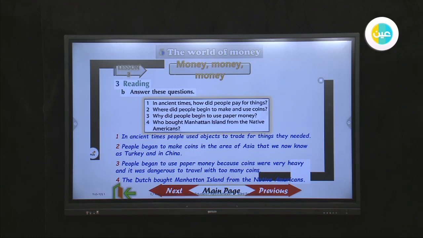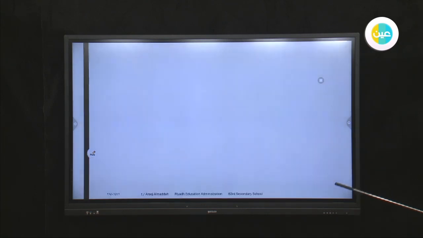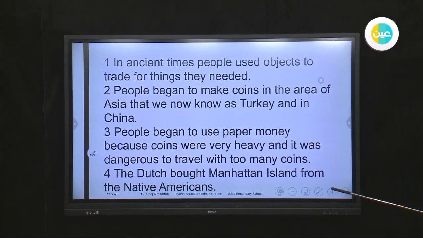People began to use paper money because coins were very heavy and it was dangerous to travel with too many coins. Number 4, who bought Manhattan Island from the Native Americans? The Dutch bought Manhattan Island from the Native Americans. These are the answers from 1 to 4.